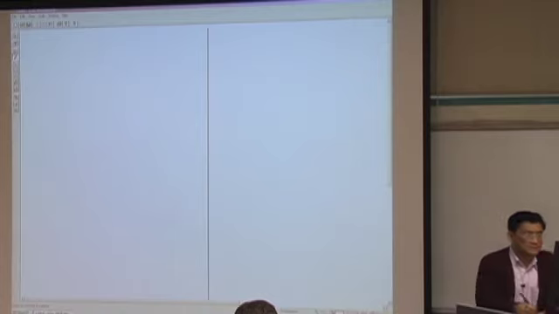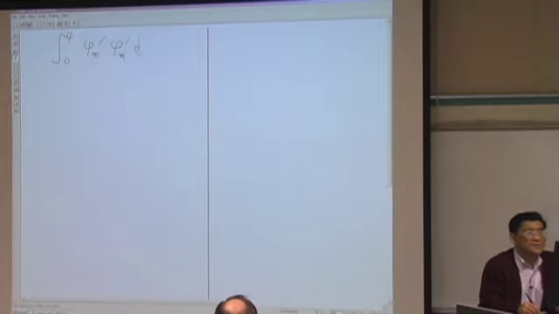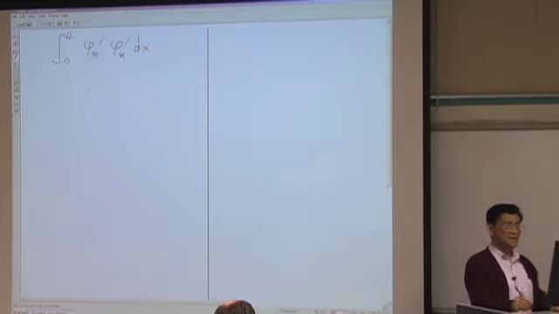So let's do this thing. The integral from 0 to 4 of p sub m prime times p sub m prime dx. And as you can see, it only survives at xm, right? This only survives at xm.